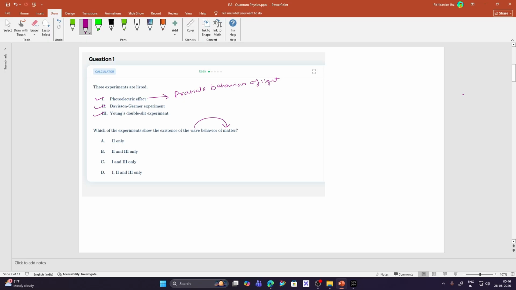Now look at Young's double slit experiment. The double slit experiment was very successful in predicting the wave behavior of light. I'm not going to explain all the experimental details. Young's double slit experiment was helpful in explaining the wave behavior of light. Now let's look at the Davisson and Germer experiment.